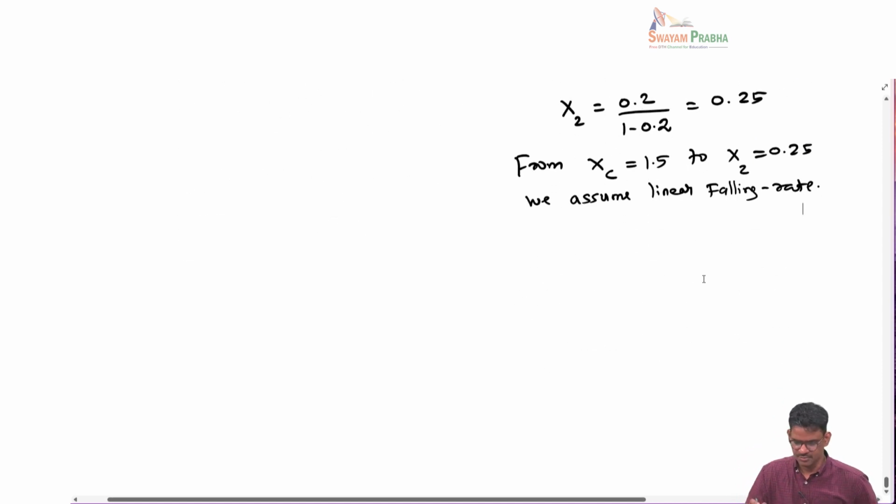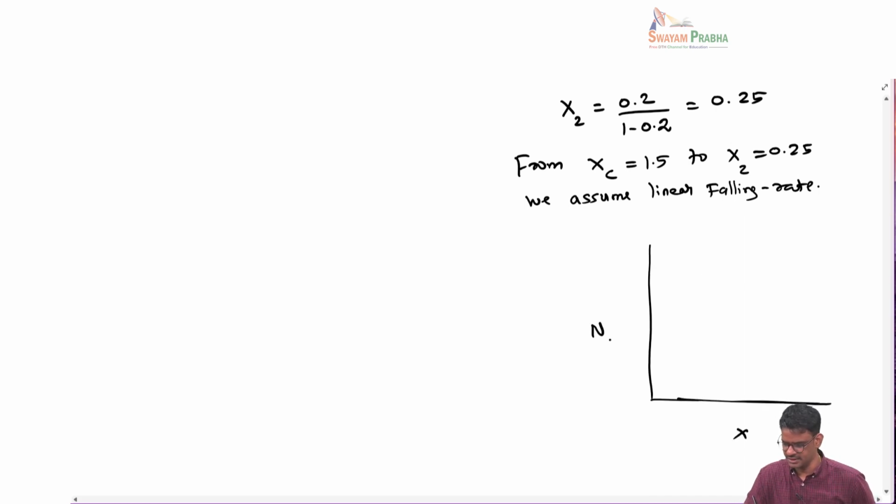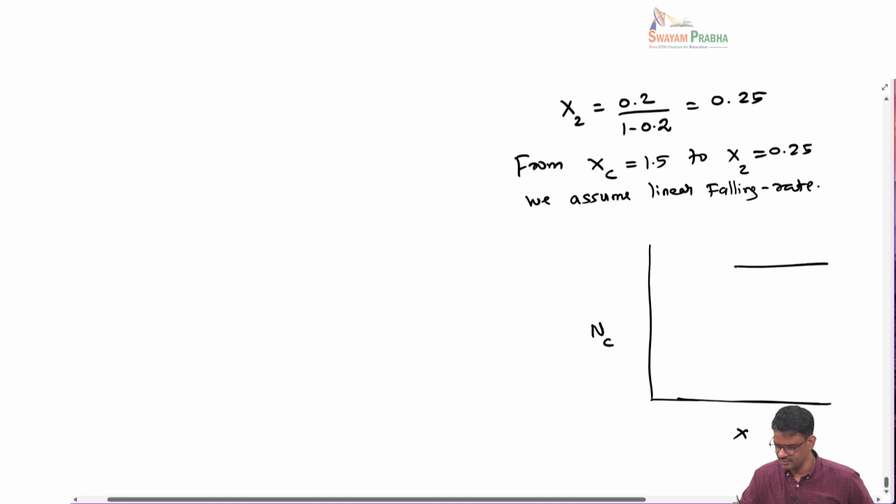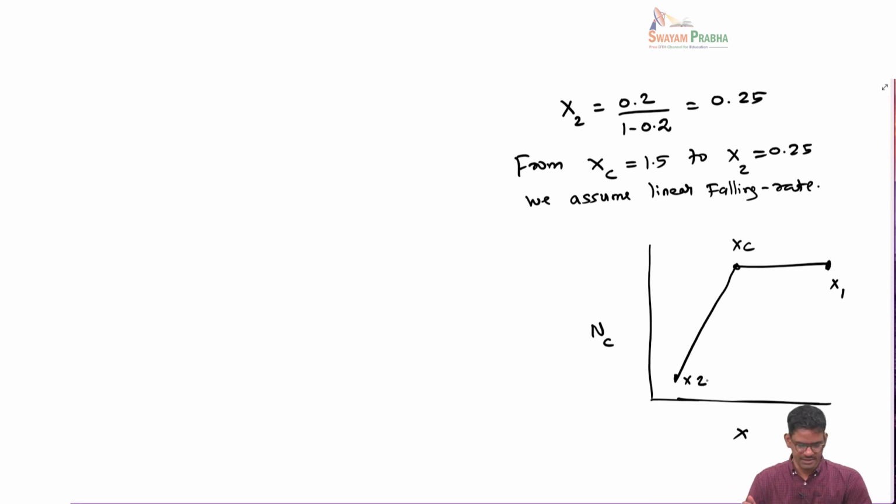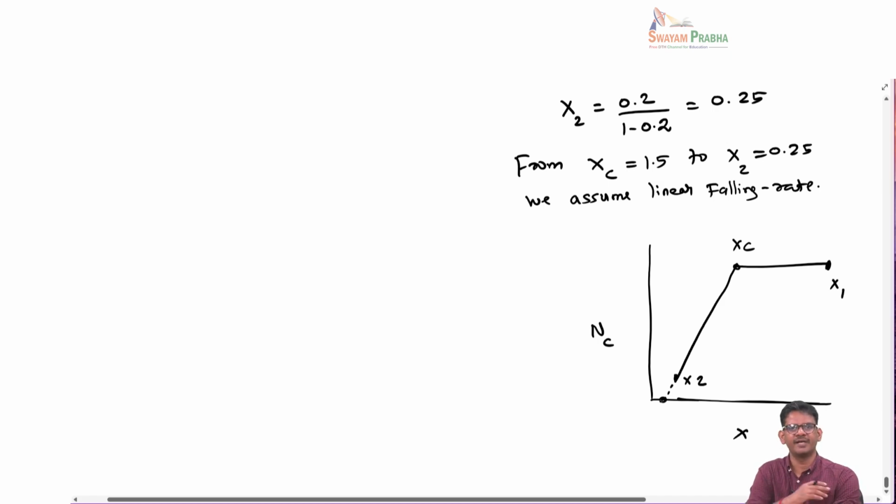So pictorially, what it means is that I have X here, NC here. So this is my X1, this is my XC and this is my X2. I am not having any initial period and I don't have any equilibrium moisture content given, I think, somewhere here, but our final moisture content for the original board is 20% by wet basis.